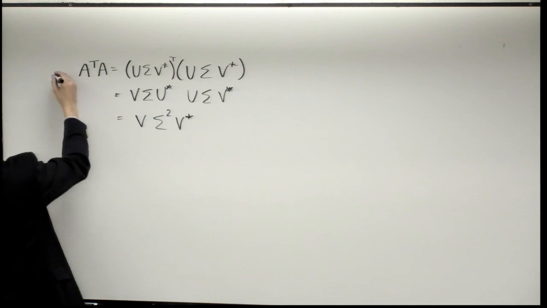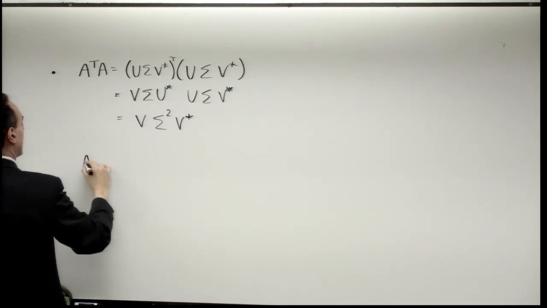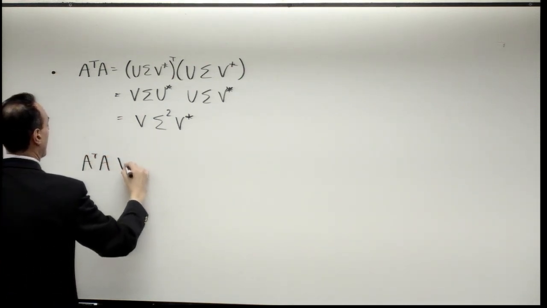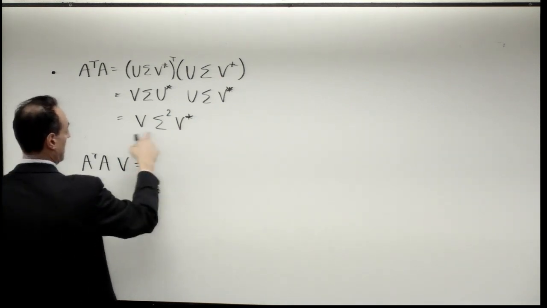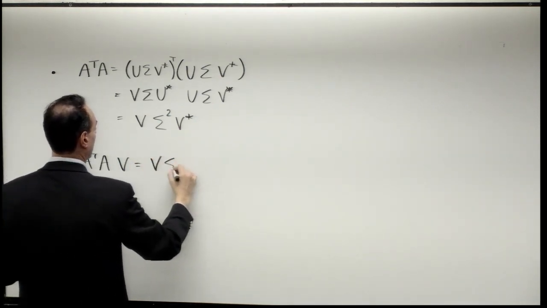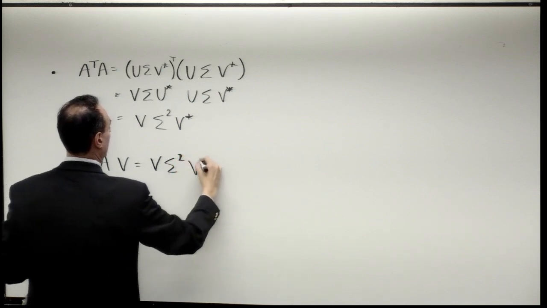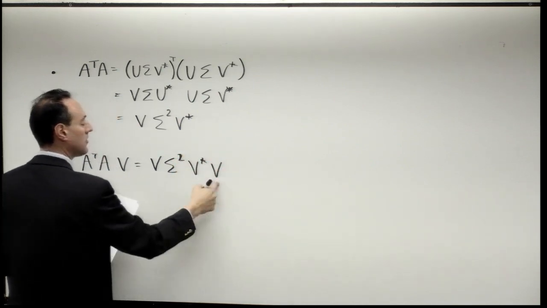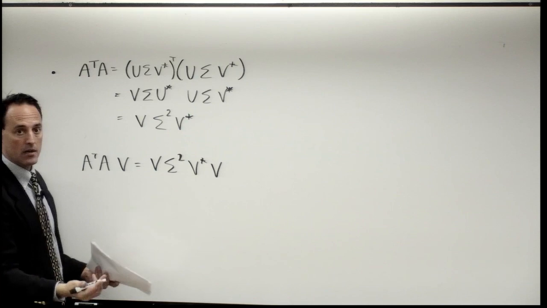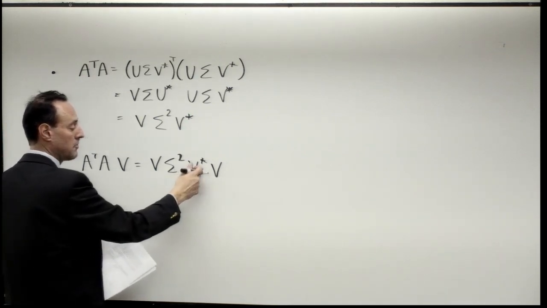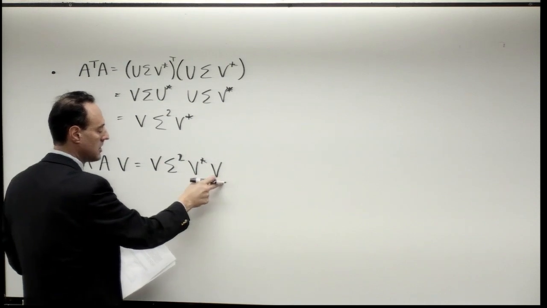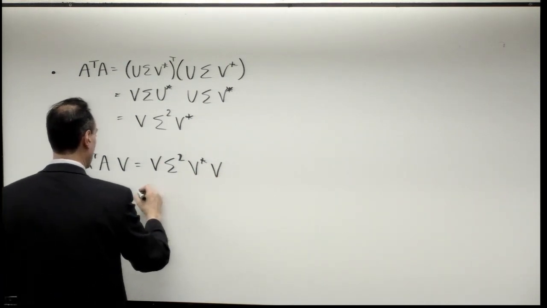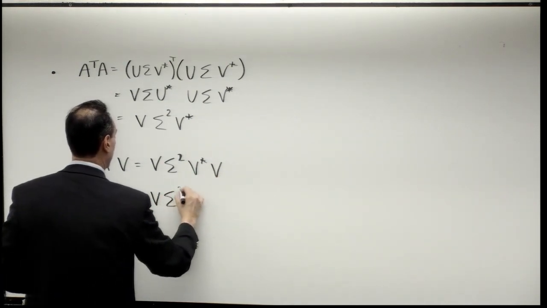That's one observation. So let's take A transpose A times V. Well, this is V sigma squared times V star times V. But what is V star times V? 1, because the transpose of this unitary matrix is V to the minus 1. This times this is 1. And so you end up getting V sigma squared.